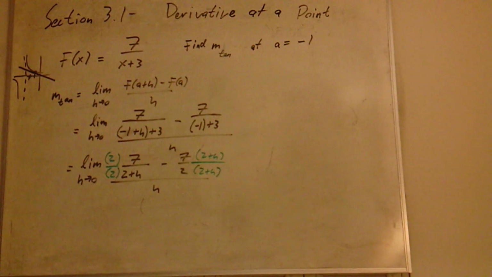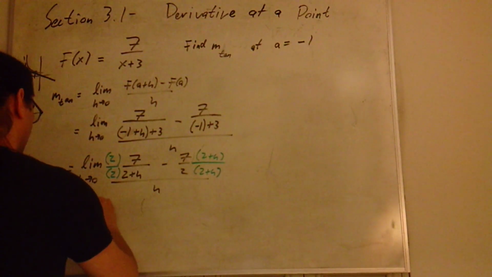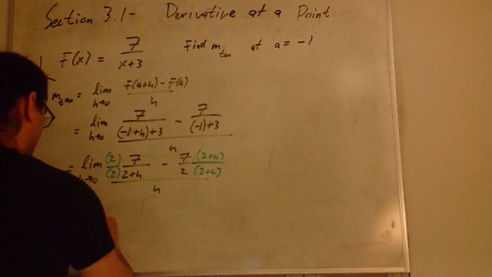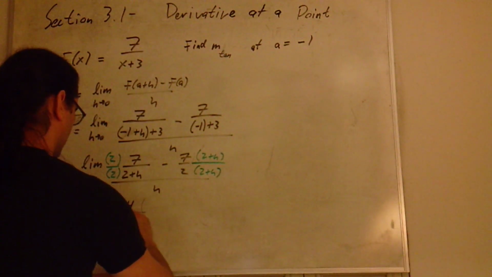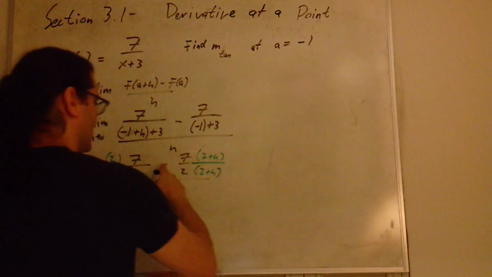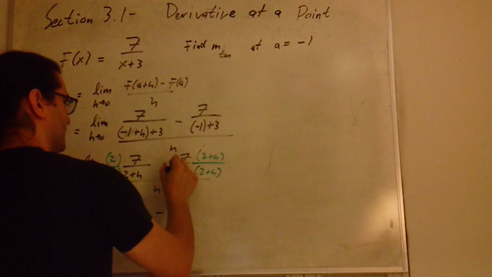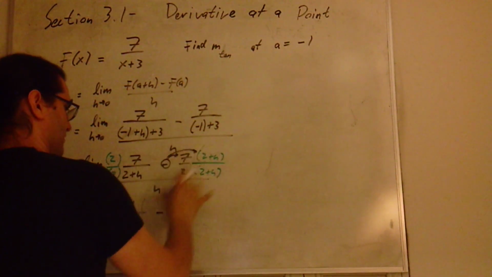That should give me a common denominator of 4 plus 2h on both halves. Let's see. The limit as h goes to 0 of 14 over 4 plus 2h minus, be very, very careful, this negative sign needs to hit both of these things.